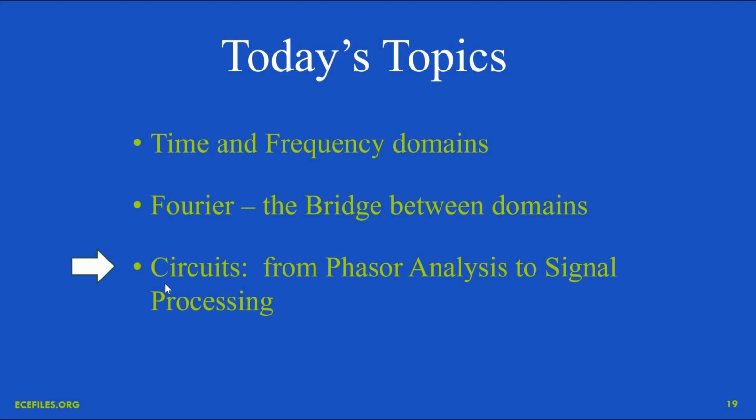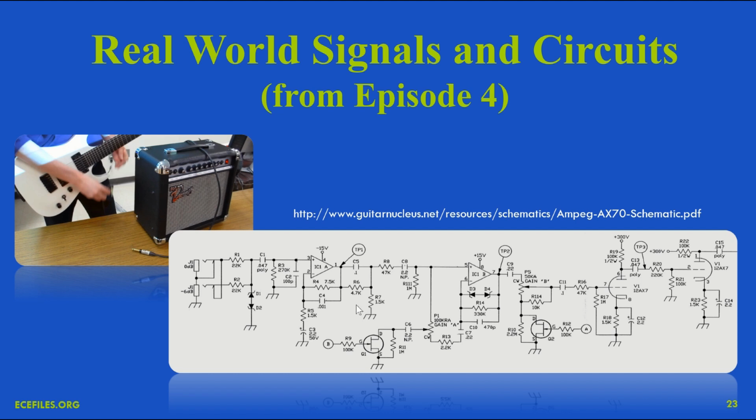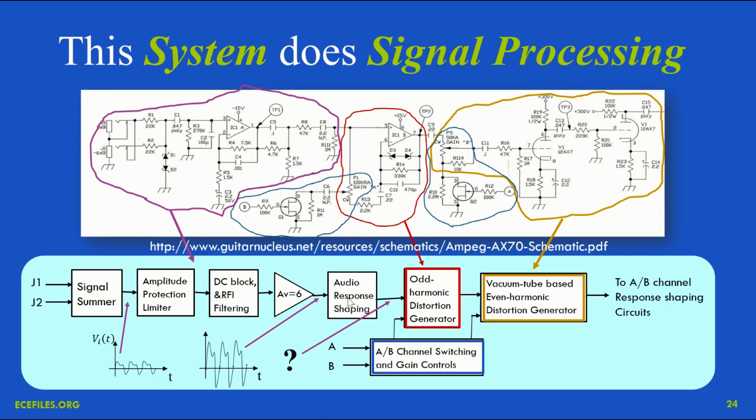So that brings us to the third and final topic in this episode, but I think I'm going to leave that for a part 2. In that part 2, we're going to come back and look at guitar waveforms and spectrums and look at this part of this circuitry. We've seen the other parts in previous videos and we will review it in part 2, but we're going to focus in on this area, which in the block diagram that we did in a previous episode, we labeled audio response shaping.